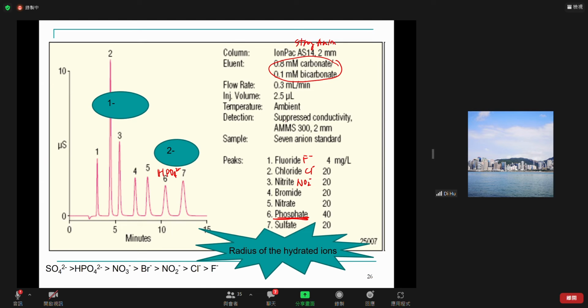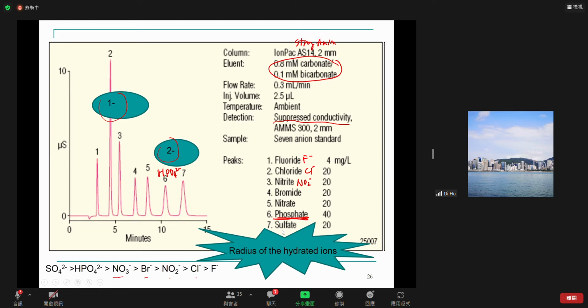Then you use suppressed conductivity. Now you can see the single-charge ones come up first, followed by the divalent one: fluoride, chloride, nitrite, bromide, nitrate, and hydrogen phosphate, and then sulfate. So this makes sense.